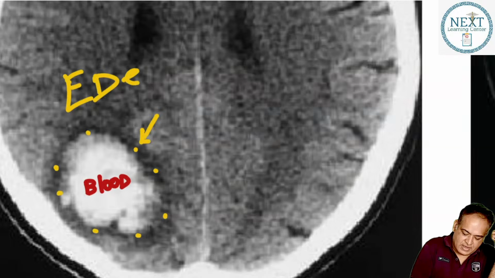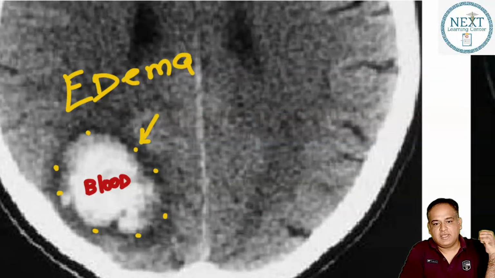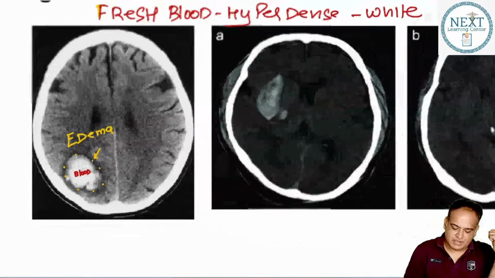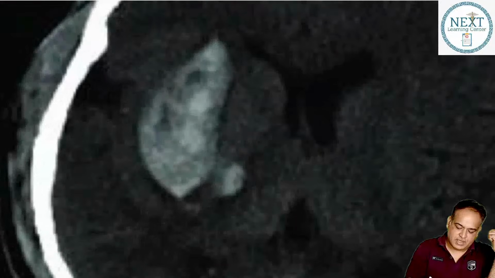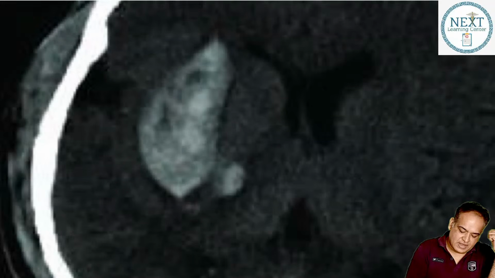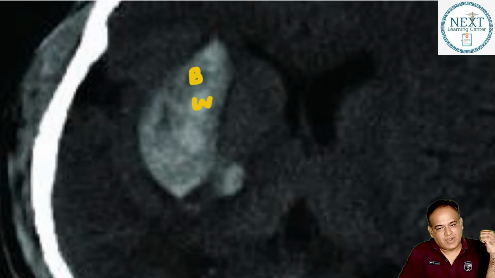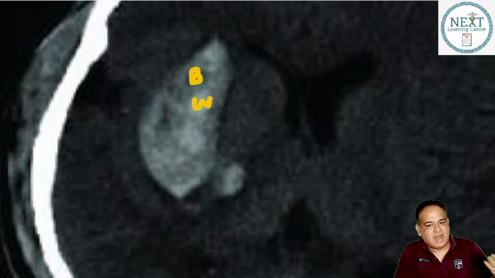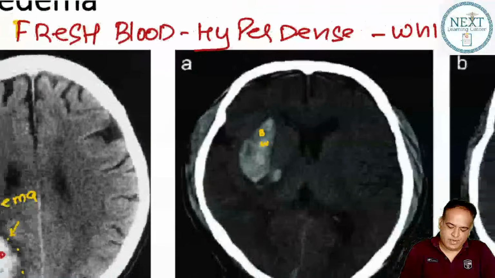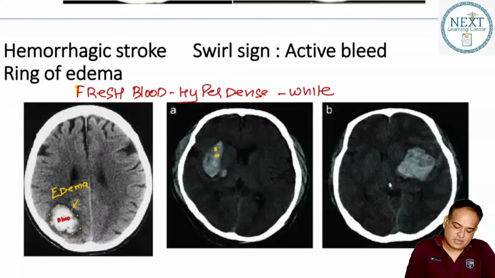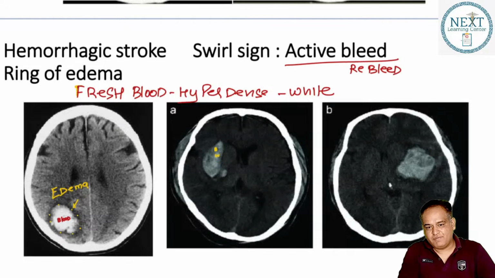This is edema. Now, you see here, there are white areas and there are black areas. So white, of course, is fresh bleed. Black is old bleed. So that means active bleed, also we can say re bleed.